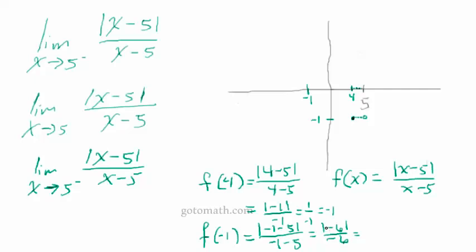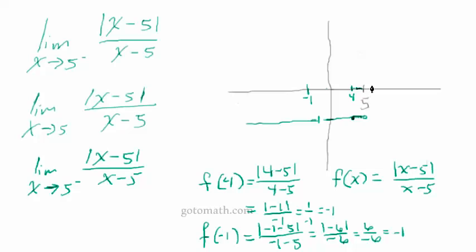But the absolute value of a negative is a positive, so we end up getting 6 over negative 6, and then this just becomes negative 1. So everything to the left of 5 is going to be negative 1 no matter what we plug into the function. So what we end up getting here is a nice continuous line going in this direction, and all of its y values are negative 1.